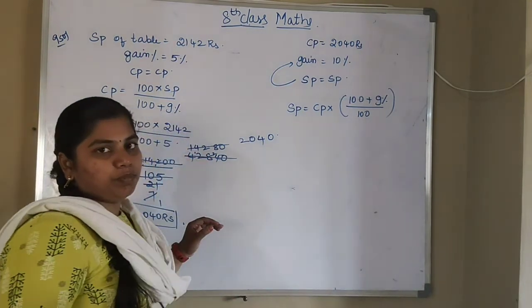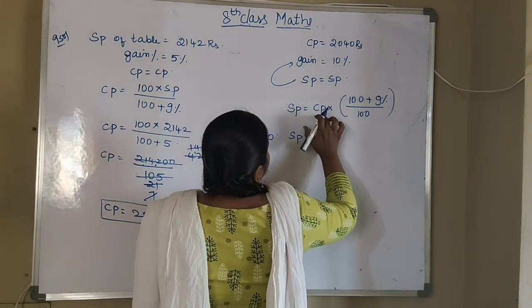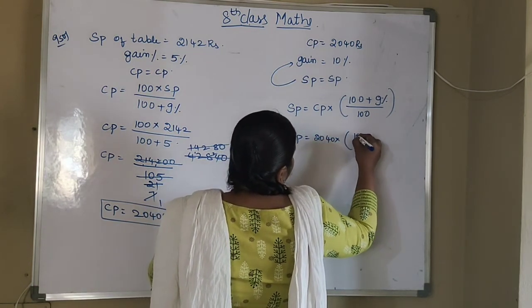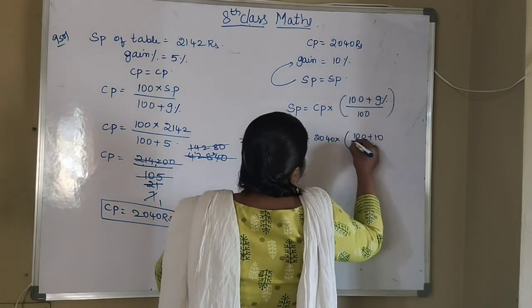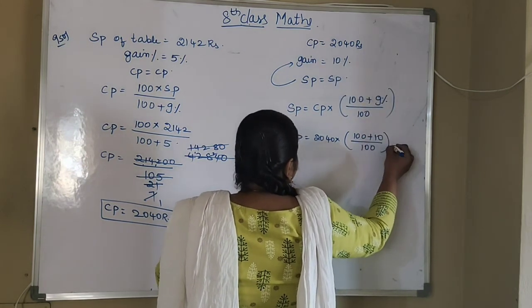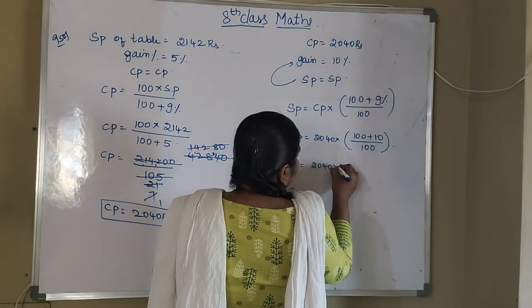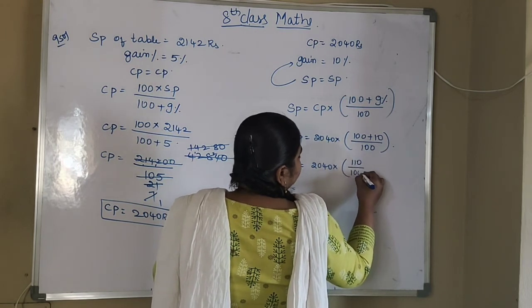Gain and profit both are same. Here SP is equals to, what is CP value? 2040 into 100 plus gain percentage is how much? 10 by 100. Now SP is equals to 2040 into 100 plus 10 will be 110 by 100.